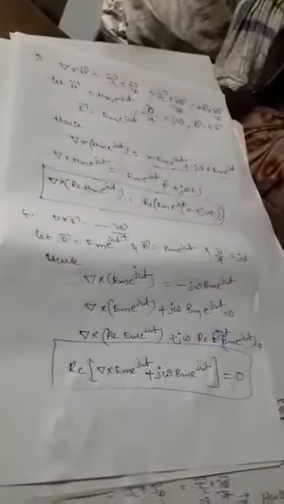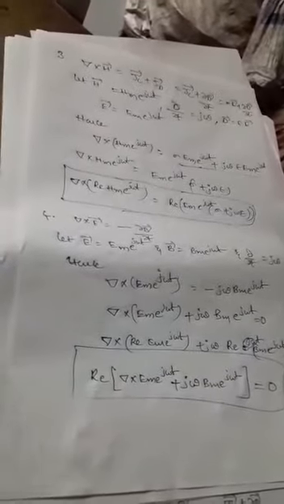So these are the four Maxwell's equations for harmonically varying fields in point form or differential form. This is enough from an examination point of view if they ask. In our material, we will also modify the integral form of Maxwell's equations for harmonically varying fields, which is a very important question.